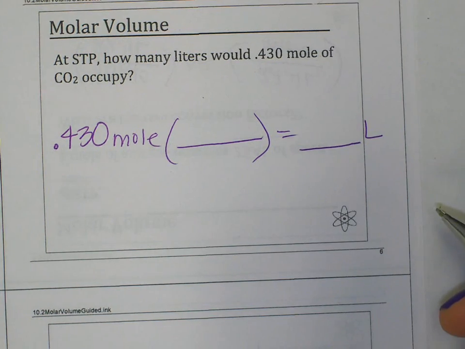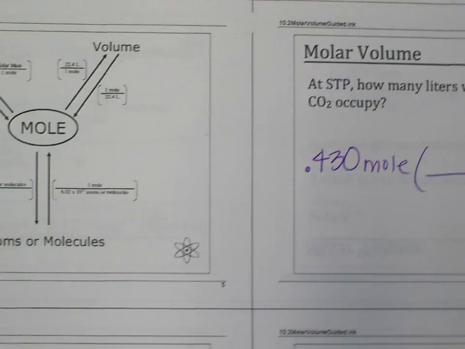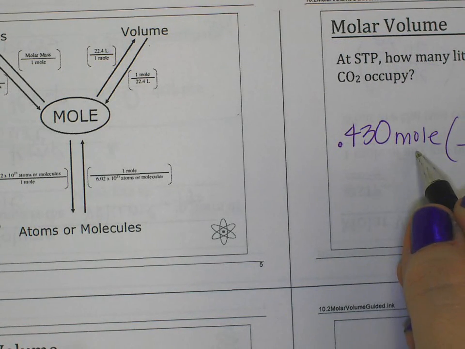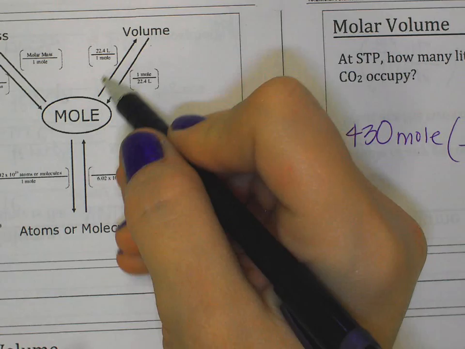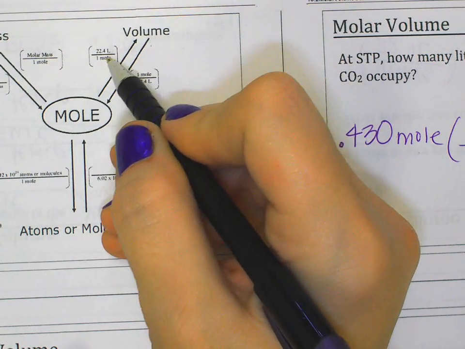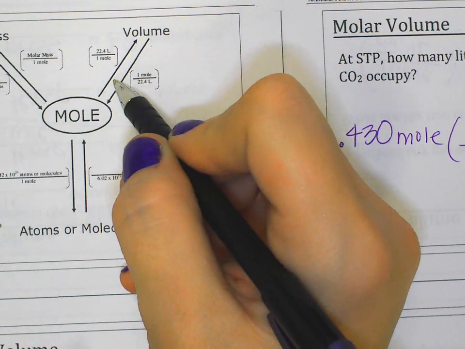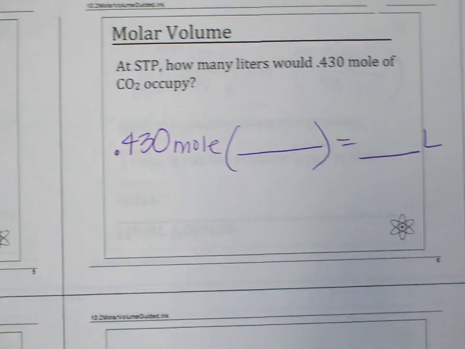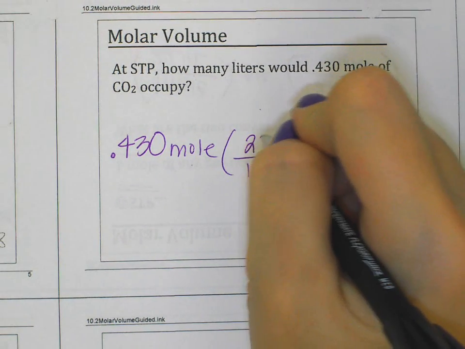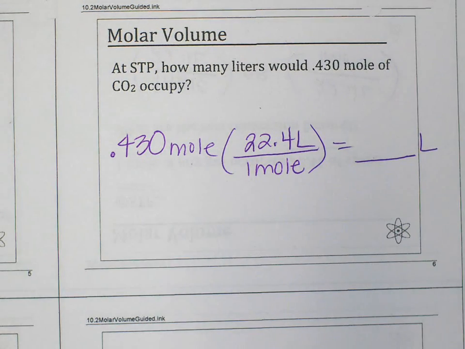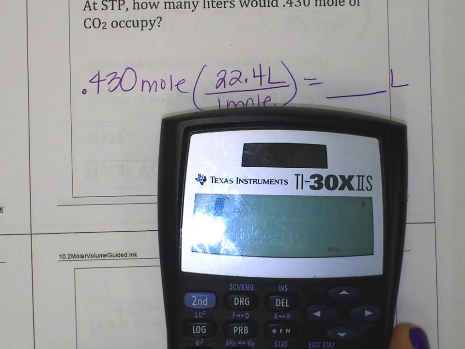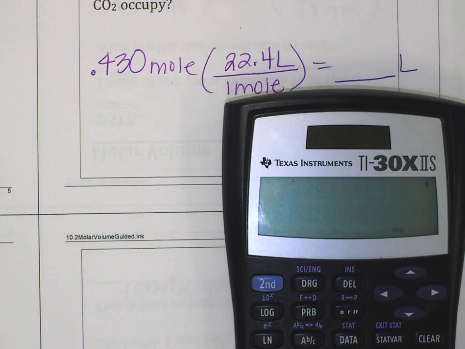So now I just have to go back to my little diagram here and see. I started with moles. That means I want the conversion that cancels out moles. I'm going from moles to volume, so I want the conversion that cancels out moles. That would be 1 mole on the bottom, 22.4 liters on the top. Since that's on the top, I am going to multiply.